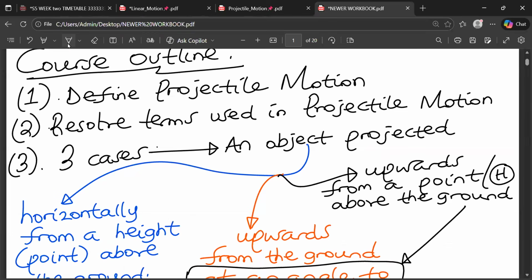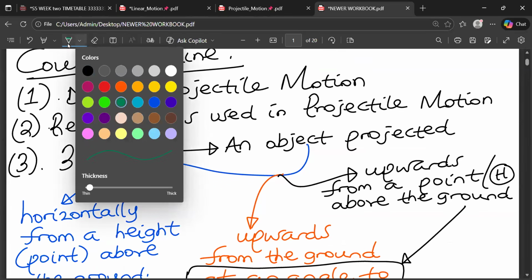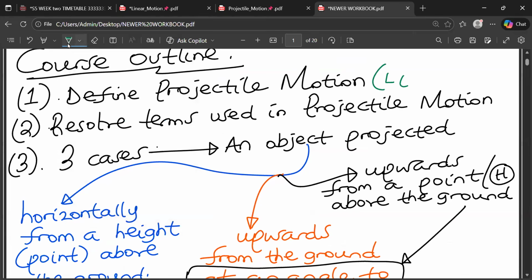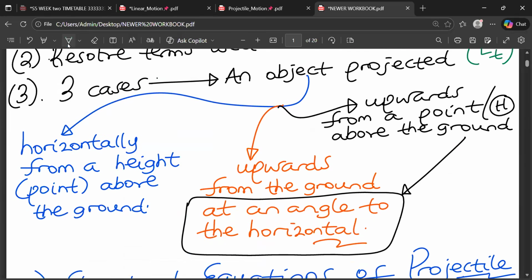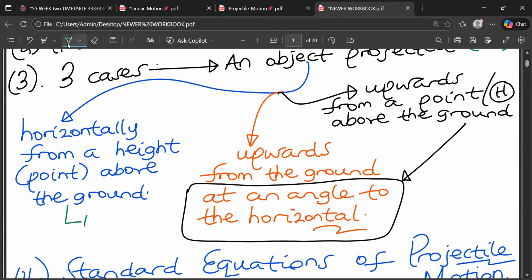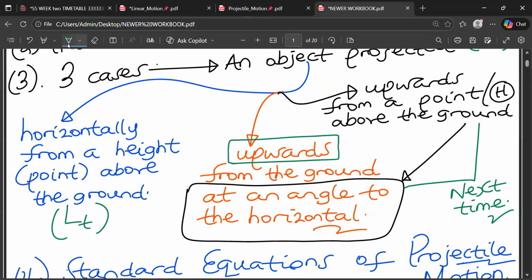Now, for today, this is our lesson target. Resolving terms used is also our lesson target. Concerning the cases, this is our only lesson target. The other two will be next time. The next time we are here, we shall only be talking about upwards, at an angle to the horizontal.